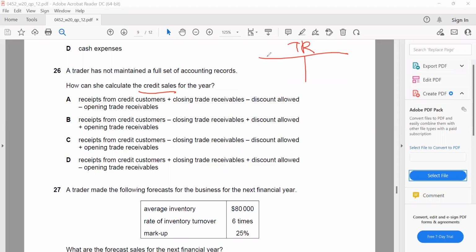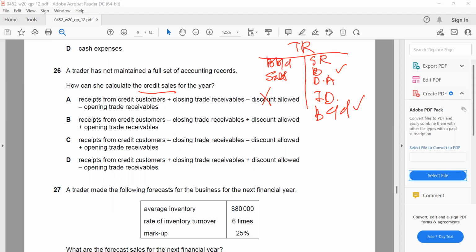Trade receivable, we have balance brought down here, sales here, credit sales return, bank, discount allowed, irrecoverable debt, and then balance carried down here. So here they say receipt from credit customer plus the closing. That means this amount plus this amount minus discount allowed. That means this is wrong already.